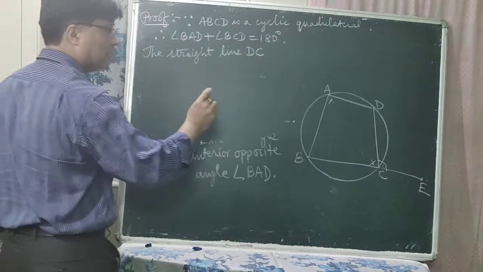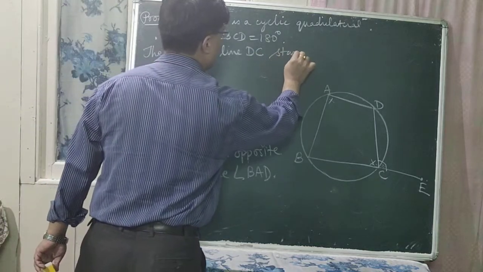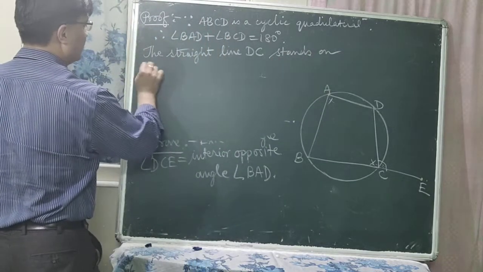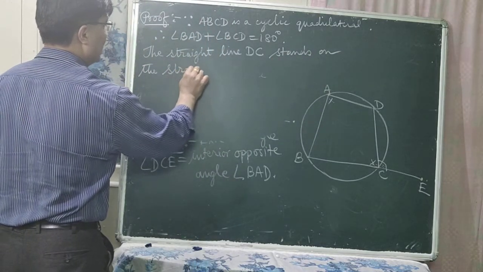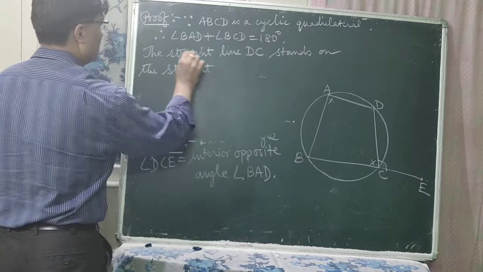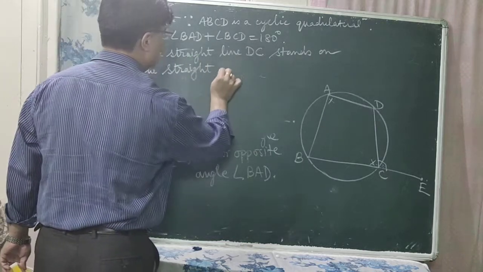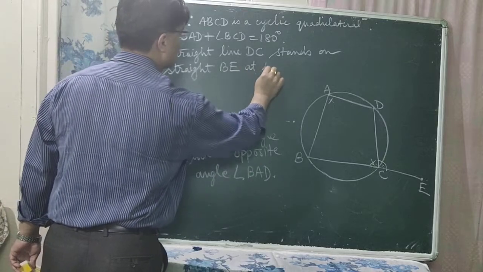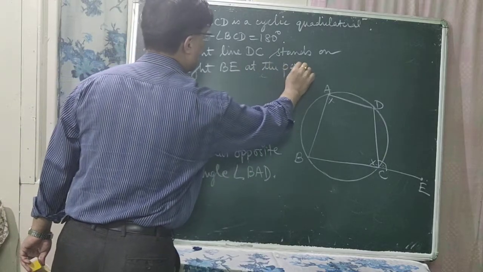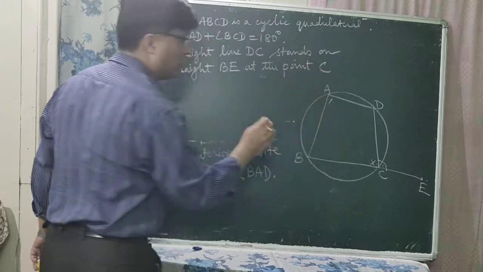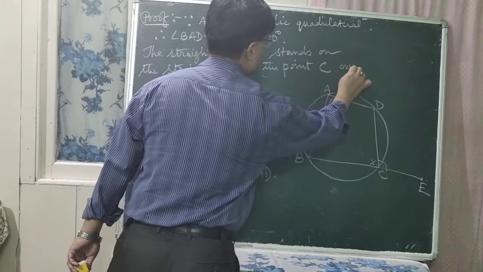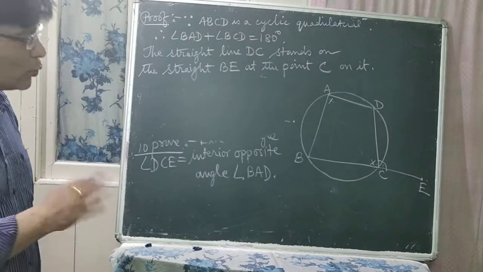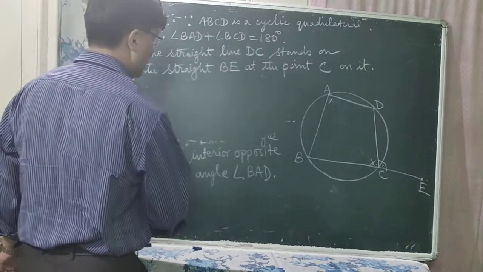Now, the straight line DC stands on the straight line BE at the point C. So what can you write here again?